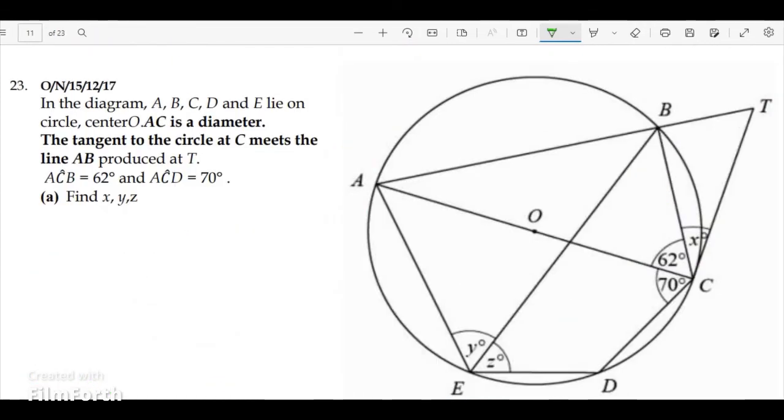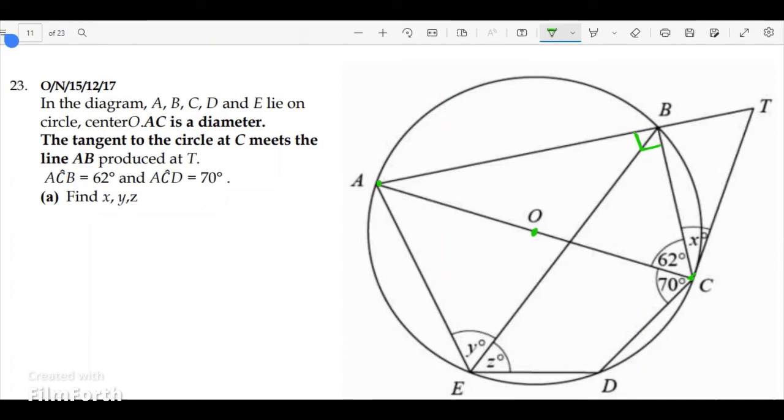In question number 23, they are saying in the diagram A, B, C, D and E lie on circle center O. AC is diameter. So if this AC is diameter, that means the angle it's making on the circumference, that would be this angle, to be 90 degrees. And this OC would be the radius.